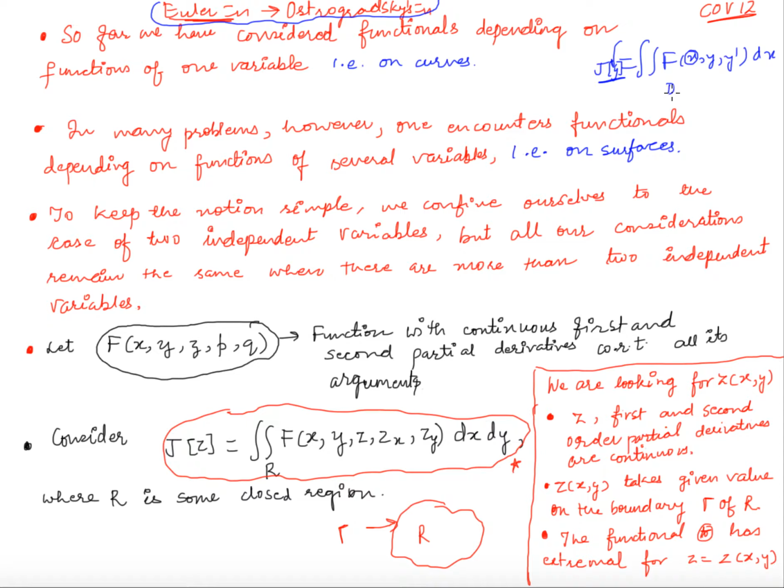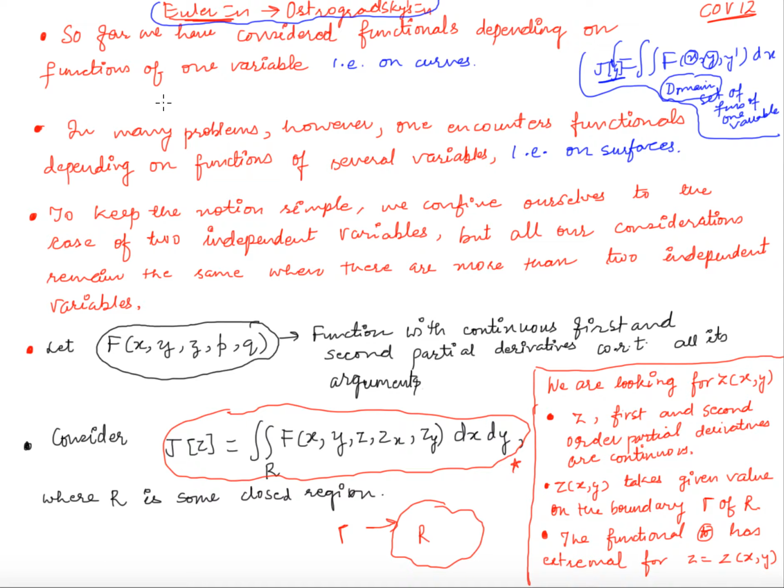So the domain here was a set of functions of one variable. In the case of Euler's equation, we had these functions of one variable in our domain, from where we take these y's for the defined functional.